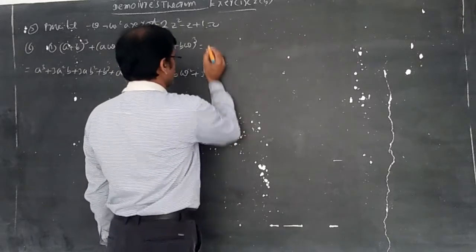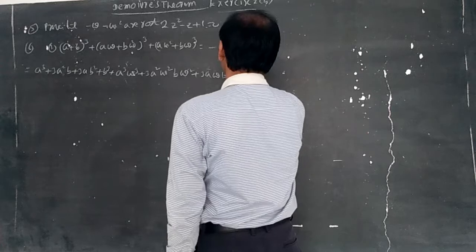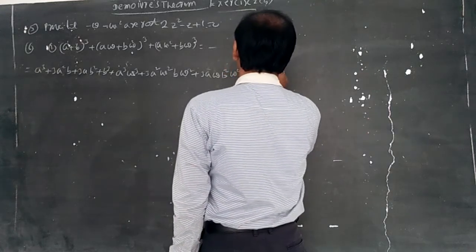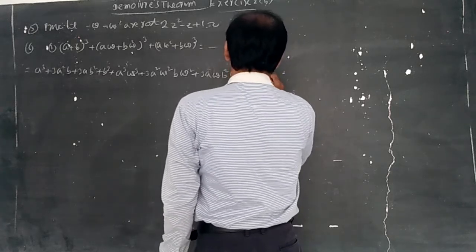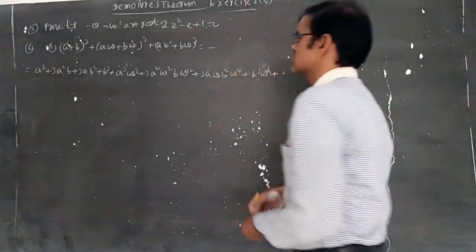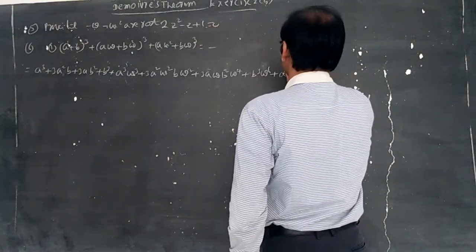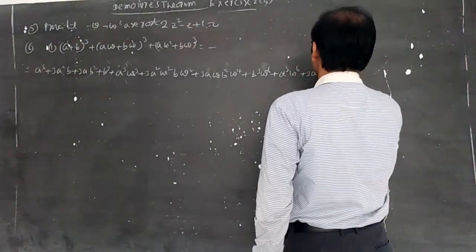plus 3ab square. So 3a omega into b square omega power 4 plus b cube. So b cube into omega power 6. In the similar way, a cube omega power 6 plus 3a square b.